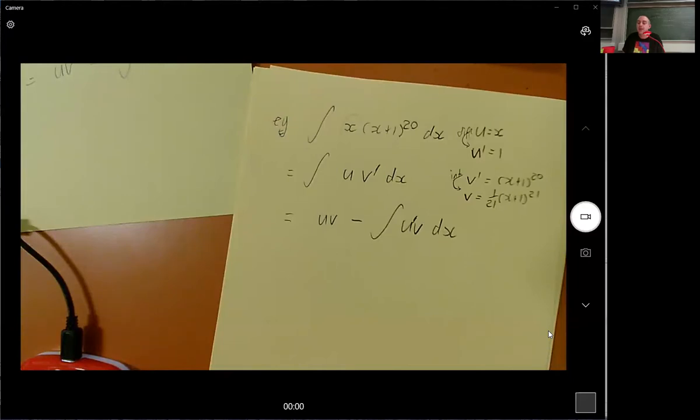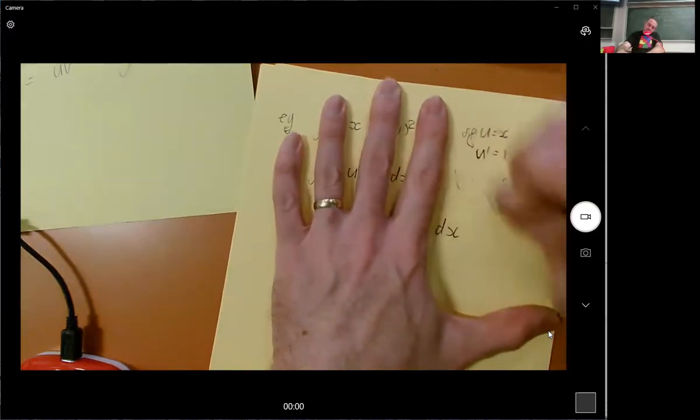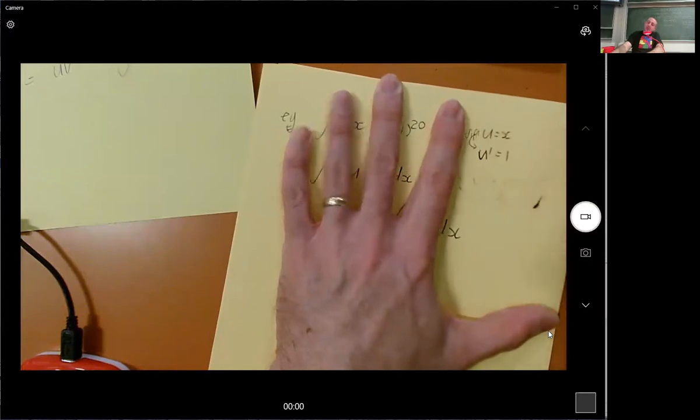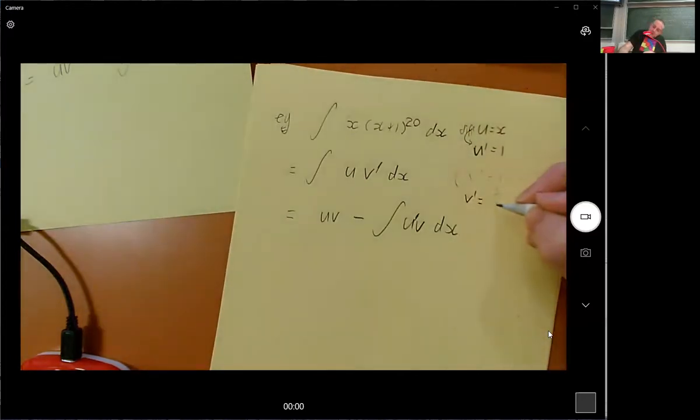Some people, on some days, if I'm in a real bad mood, I will sometimes write it this way. And I'll write it v dashed at the bottom, which is the thing I started with. And then I'll go up to figure out what v is.